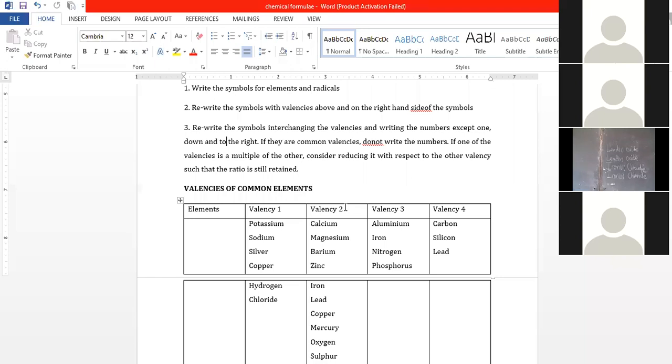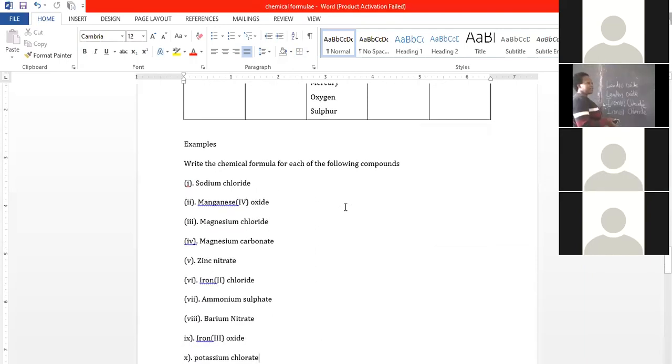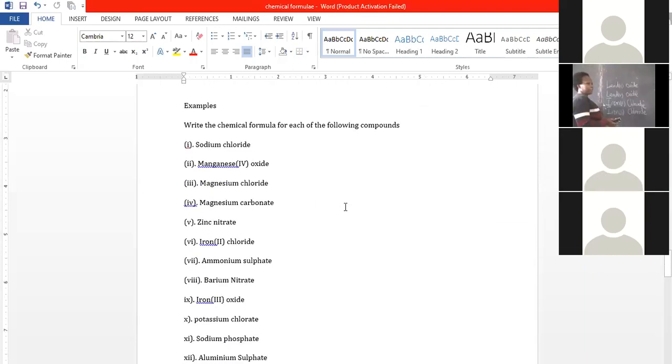Excuse me, teacher. Yes, please. Do the different valencies come because of isotopes? Not really. The valences are not related to isotopes at all. We said that valences are related to the number of electrons an element either loses or gains in order to become stable.